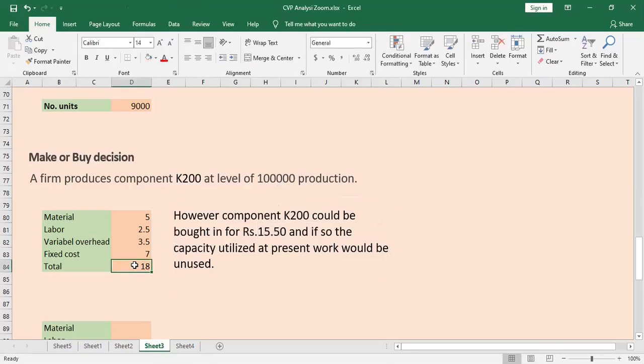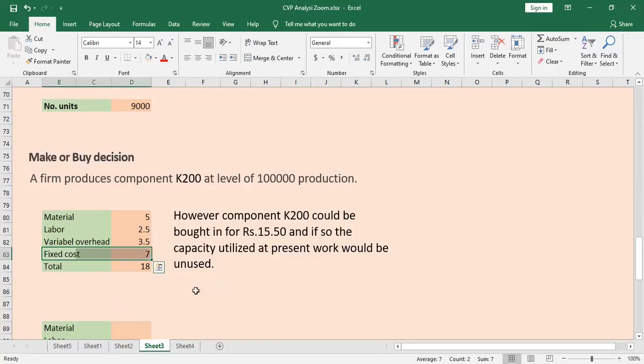But this 7 rupee fixed cost is already incurred. You cannot change that. Even if you buy it outside, that facility, that capacity, that machinery is there with you, and you cannot do anything with it. Therefore, when making this decision, this fixed cost becomes irrelevant. So you have to make the decision only on the variable cost.